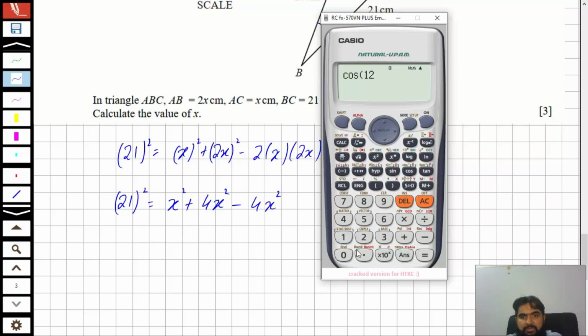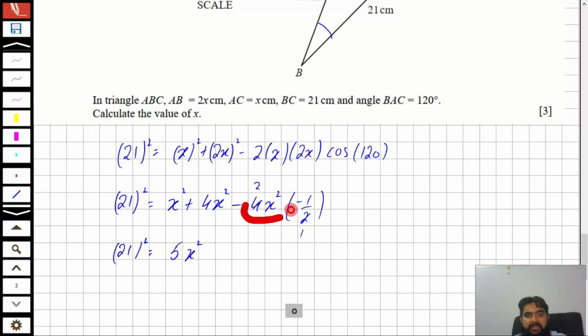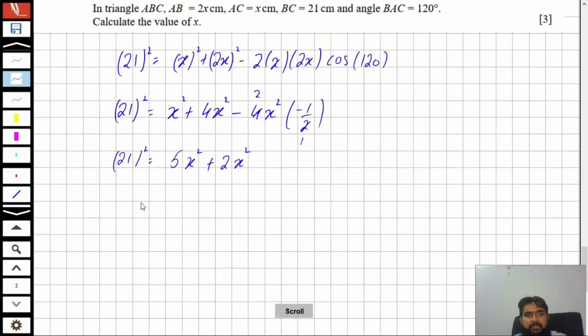Cos 120 is minus 1 by 2. So 2 times 1 is 2, 2 times 2 is 4. So you will get 21 square equals x square plus 4x square, that will be 5x square. Minus times minus is plus 2x square. So 21 square is equal to 5 plus 2, that will be 7x square.